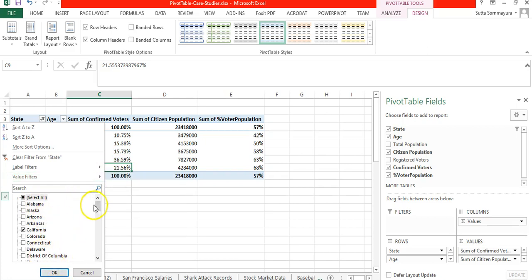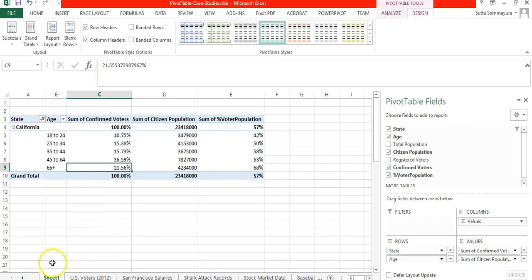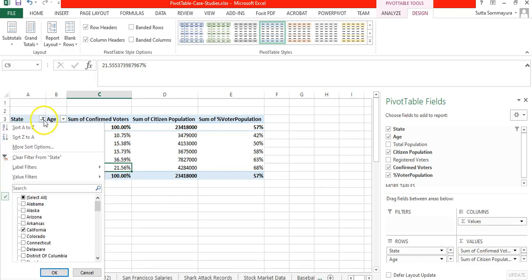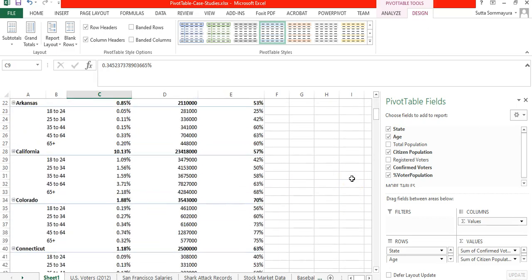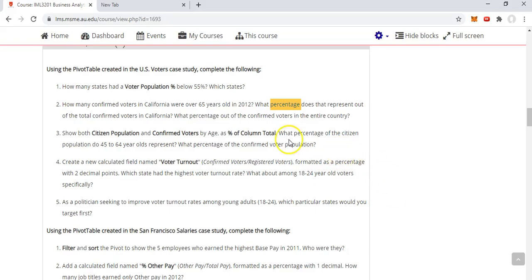So now you select all the states, and then you see that California, right? So this is your answer, 2.18%. Okay, so that is your answer for this question.